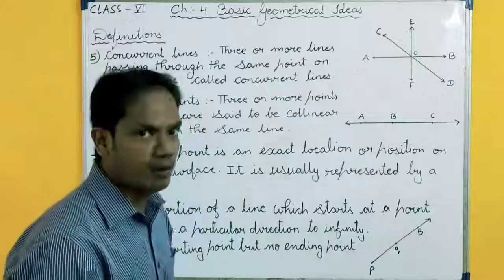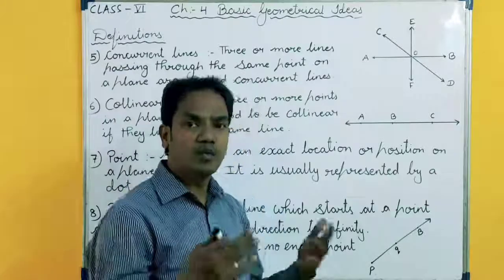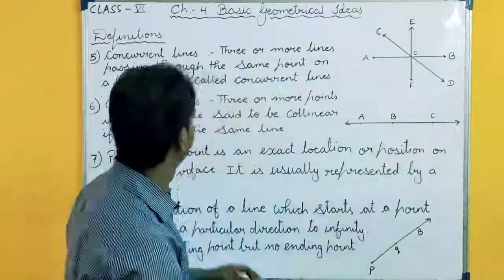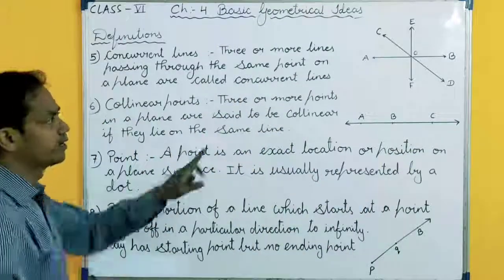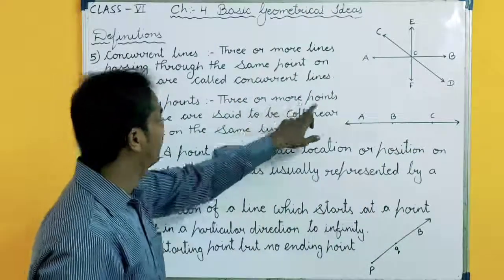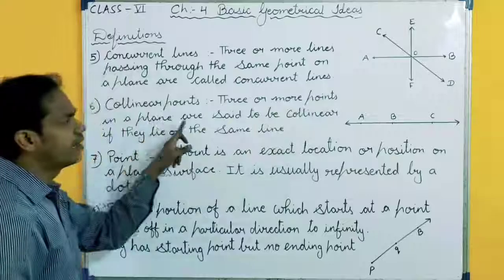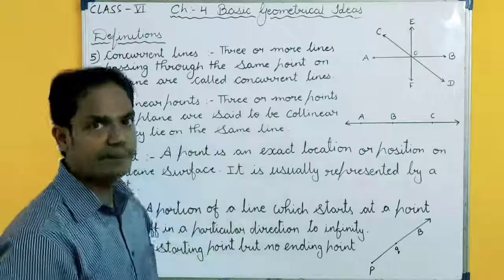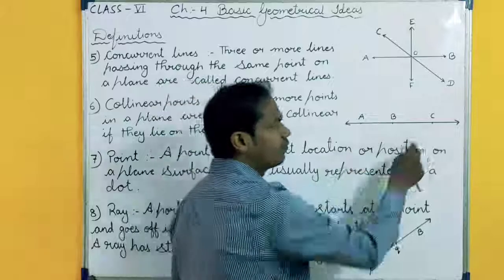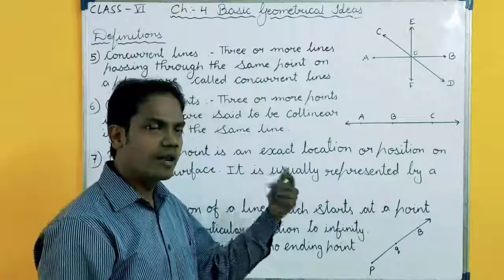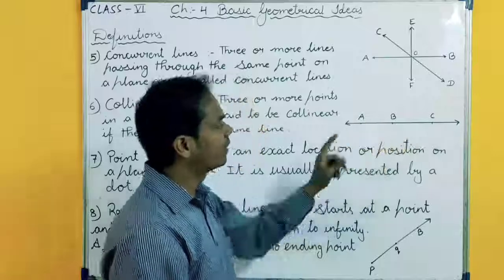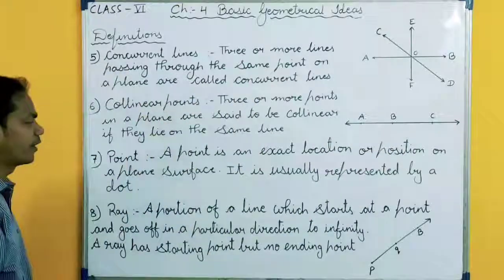Same way, now collinear points. When more than two or three points lie on a line, they are called collinear points. Three or more points in a plane are said to be collinear if they lie on the same line. If 2, 3, 4, 5, 6 points lie on the same line, okay, they are called collinear points.